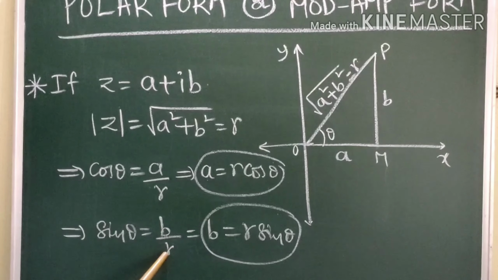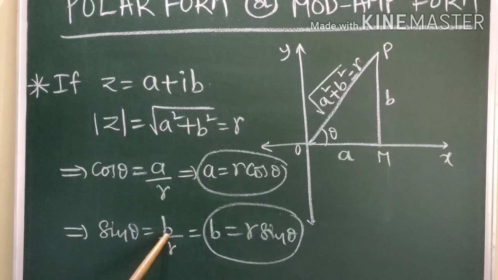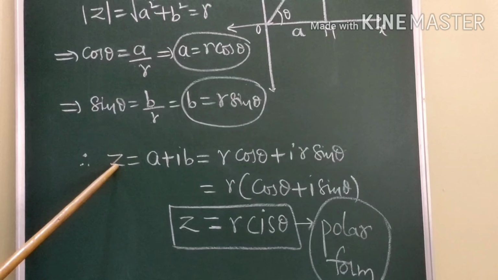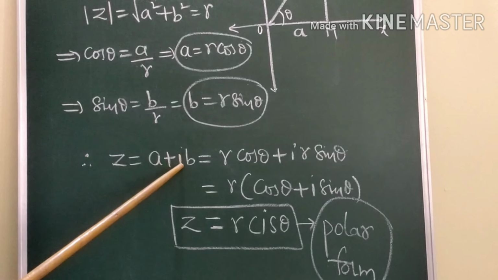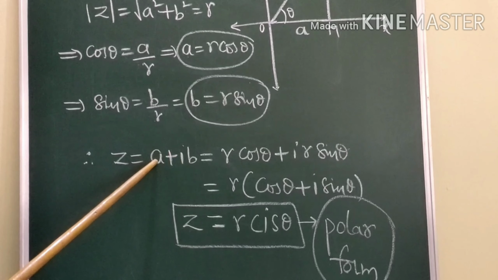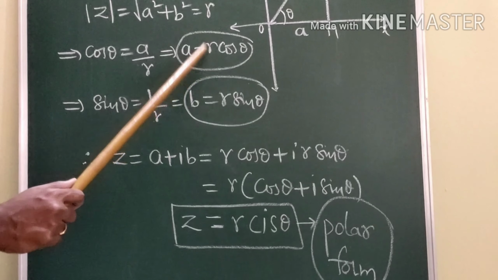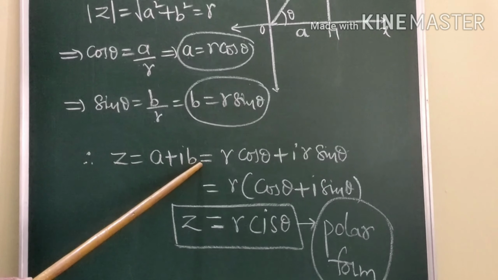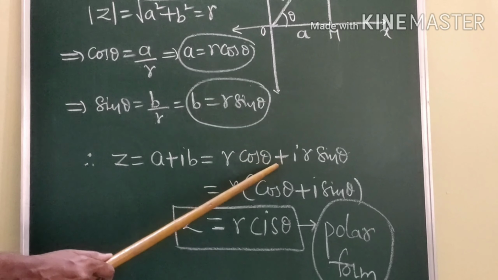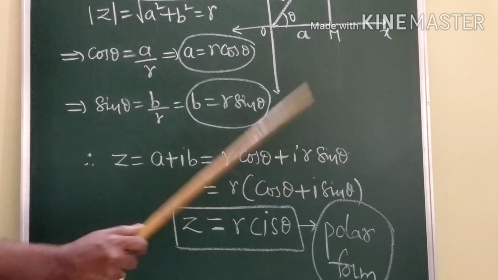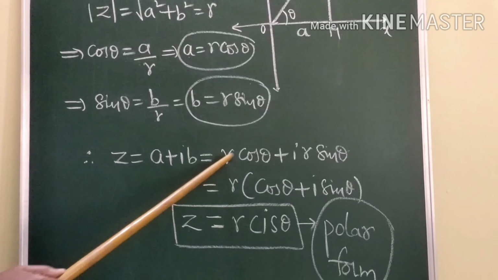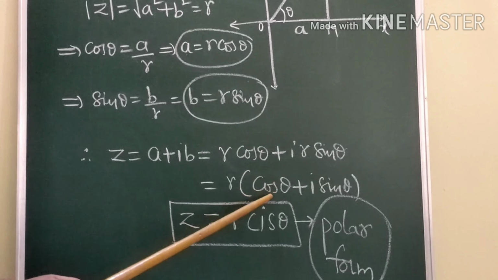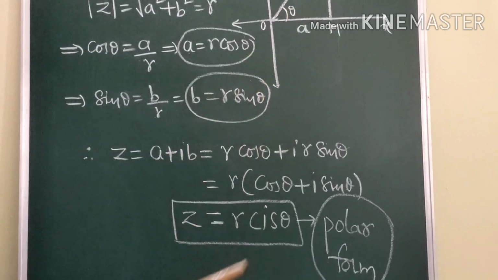By cross multiplication, b is equal to r sin theta. z is equal to a plus ib, already we know. Here a is equal to r cos theta and b is equal to r sin theta. Therefore, r cos theta plus i r sin theta. In this, r is common, so r of cos theta plus i sin theta.